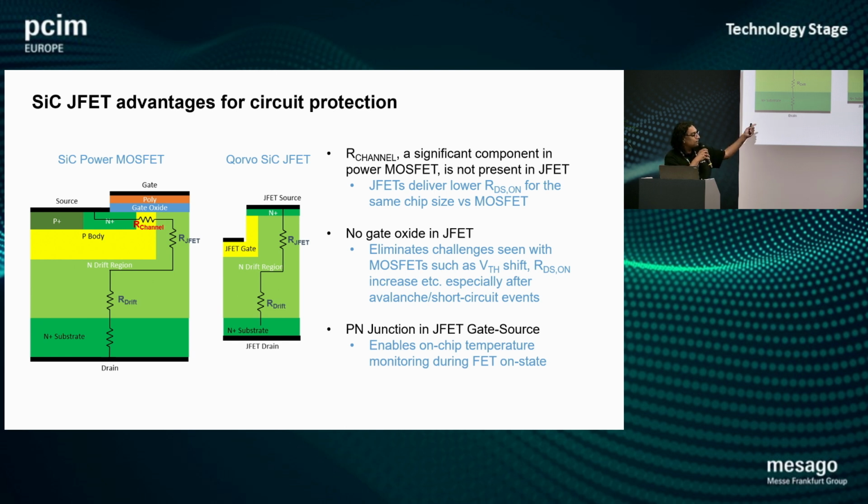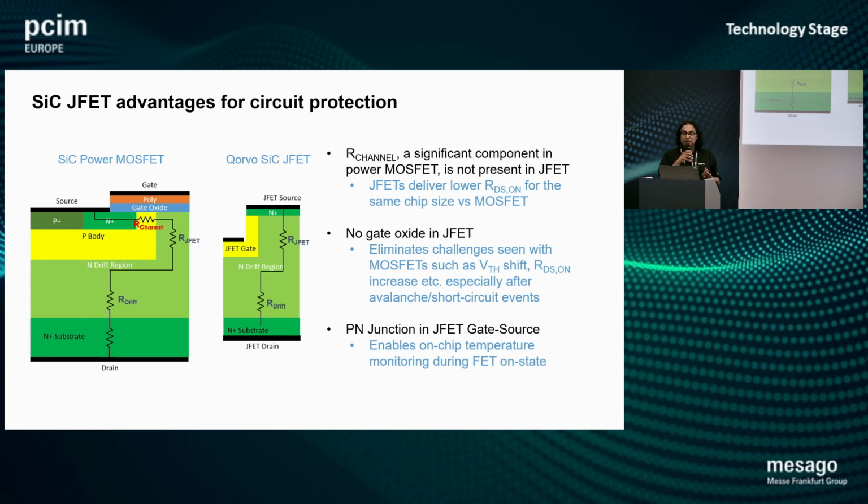But over there on the right-hand side, in the JFET technology, you actually don't see a channel. Okay? So these are normally on devices, and there is normally a connection from the drain to the source. And you'd have to apply a voltage to the gate to turn off the device by creating a depletion region. So the channel component, which can be a pretty substantial component of the total resistance of power MOSFETs, is not there in the JFET structure.